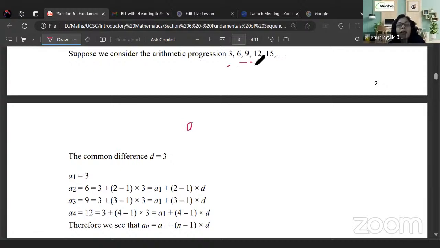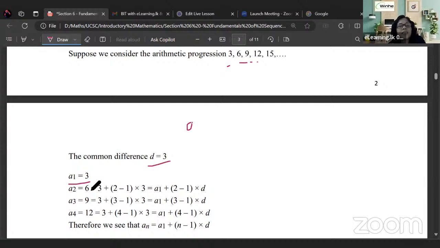3, 6, 9, 12, and 15. Here you can see 6 minus 3 is 3, 9 minus 6 is 3, 12 minus 9 is 3. Therefore, the common difference is equivalent to 3. The first term, you can write down as A1, is equal to 3.